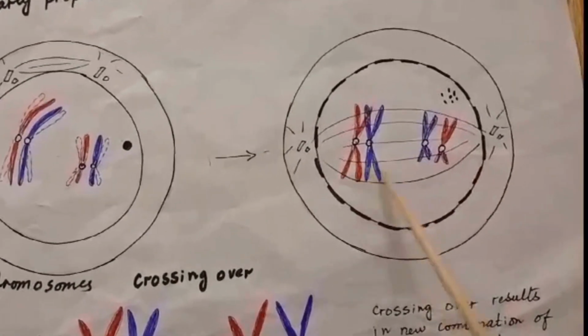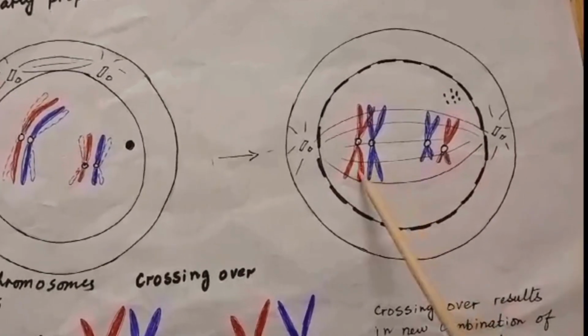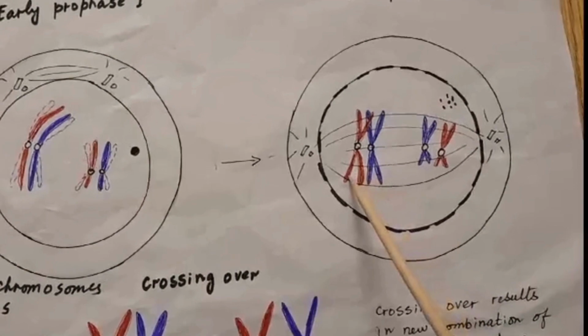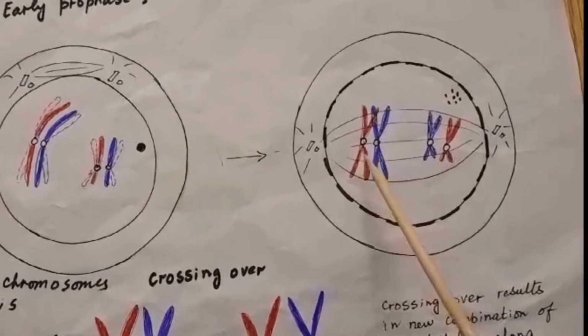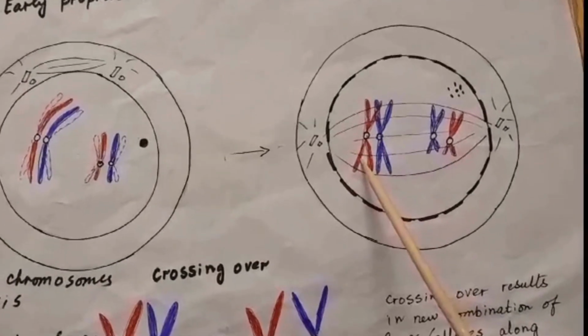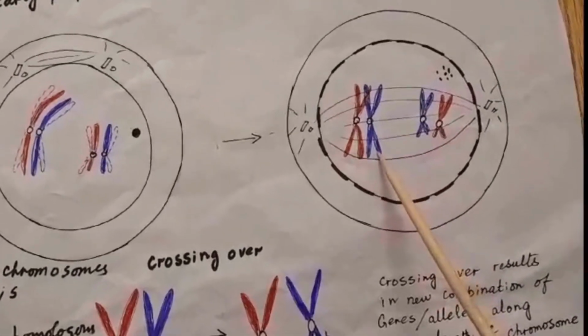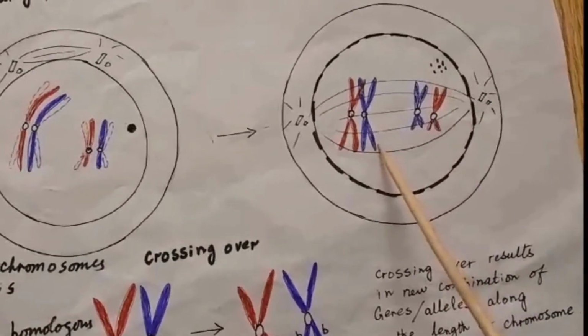The homologous chromosomes are the chromosomes which are similar to each other. In a homologous pair of chromosomes, one member of the pair comes from one parent and the other member of the pair comes from the other parent.